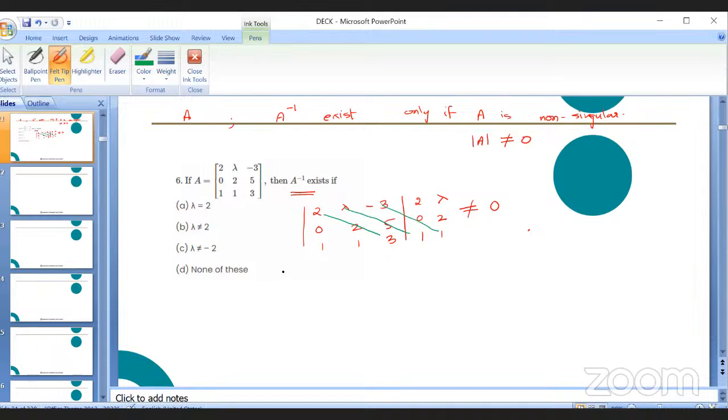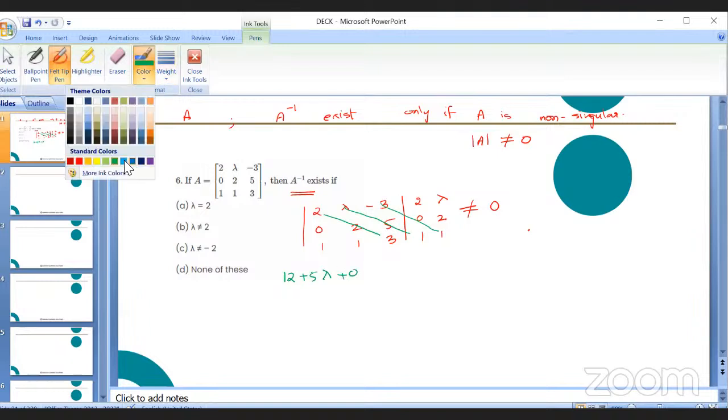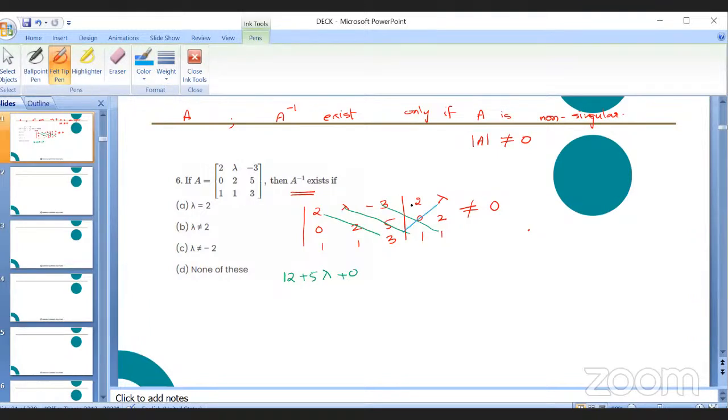So what you will have? 12 plus 5 lambda plus 0. And then cross multiply like this. So minus 0, minus 10, minus of minus 6, so plus 6, not 0. 5 lambda, 12 minus 10 plus 6, 8, not 0.